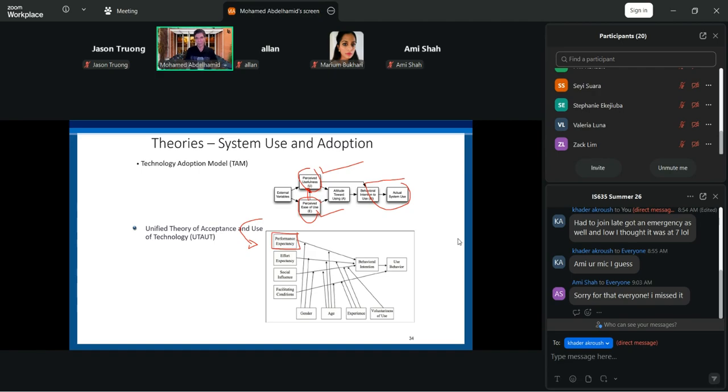It's basically the same as usefulness. And the second one is effort, which is the same as ease of use. How much effort do I expect to put to learn and to use the solution? If it's too much effort, I'm gonna most probably resist it, right?